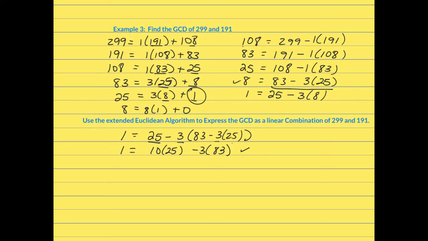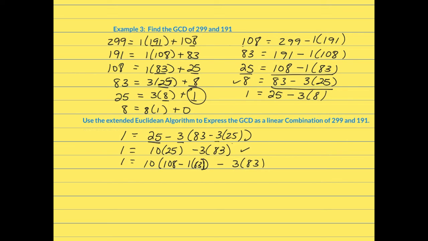So we've used the 8, and now we're going to substitute for the 25, that 108 minus 1 times 83. So 1 equals 10 times the new name for 25 minus 3 times 83. And the new name for 25 is 108 minus 1 times 83.